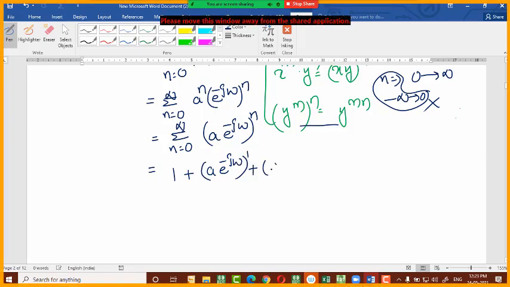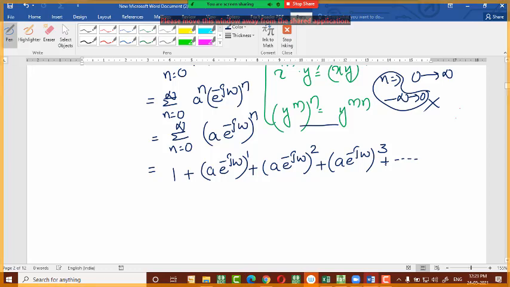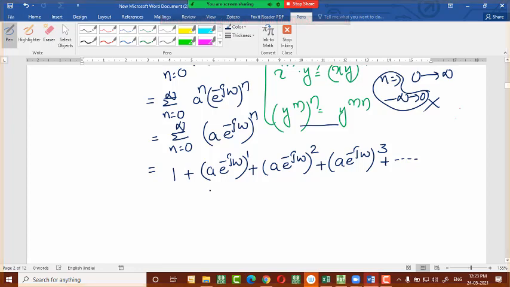Next, a into e power minus j omega whole power 2 plus a into e power minus j omega whole power 3, and so on, up to infinity we have to substitute. Okay, then if you observe this sequence, now what is the answer?